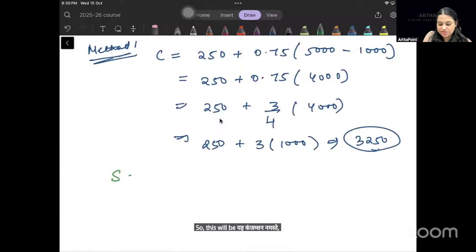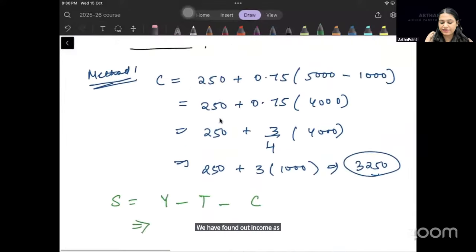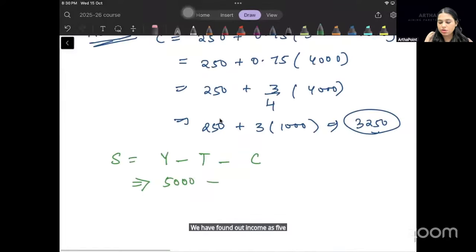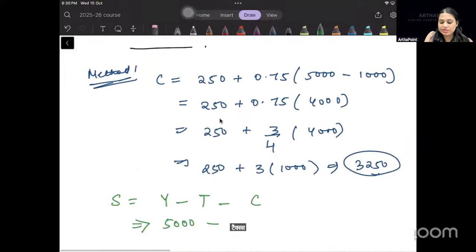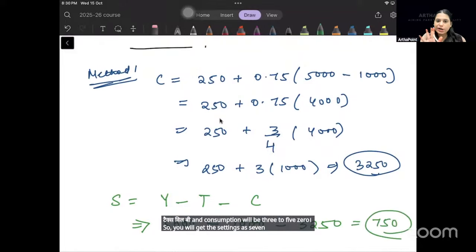Now my savings will be after you have paid tax, remember. So saving will be income minus taxes, disposable income निकलेगा minus consumption. So income is 5,000, taxes will be 1,000 and consumption will be 3250. So you'll get the savings as 750. Method number 1 gives me savings as 750.